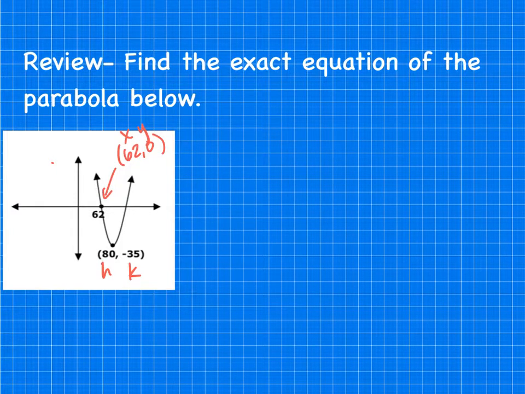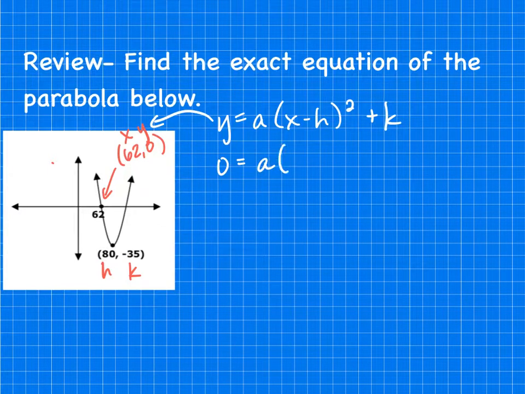So in order to find the exact equation, we took our general equation for a parabola, which is y equals a times x minus h squared plus k, and we took the numbers that we knew. So for y, we put in 0 because of that right there. So 0 equals a. For x, we put the 62 because of that right there.